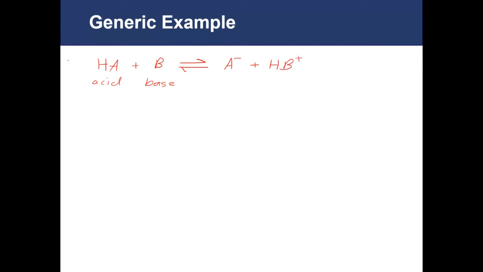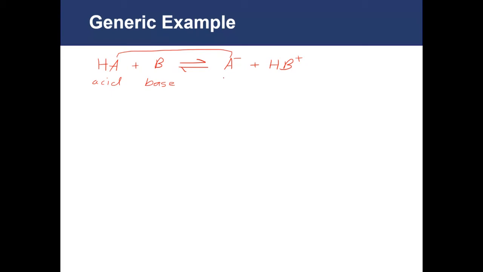One of the key parts is that the charge is maintained, the overall charge on both sides. So if you add up the charge on the left, 0 plus 0 gives you a 0 overall charge on the left. On the right, -1 plus a +1 gives you 0. Here you have your acid. That means that we can connect it with this one because the A remains the same.